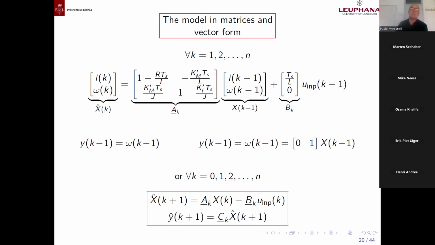I mean, even though the original physical model is stable, this model here, depending on Ts, can become unstable when Ts is too large. The mathematical representation of the physical system, which is intrinsically asymptotically stable, can become unstable if Ts is too large. This can be demonstrated.